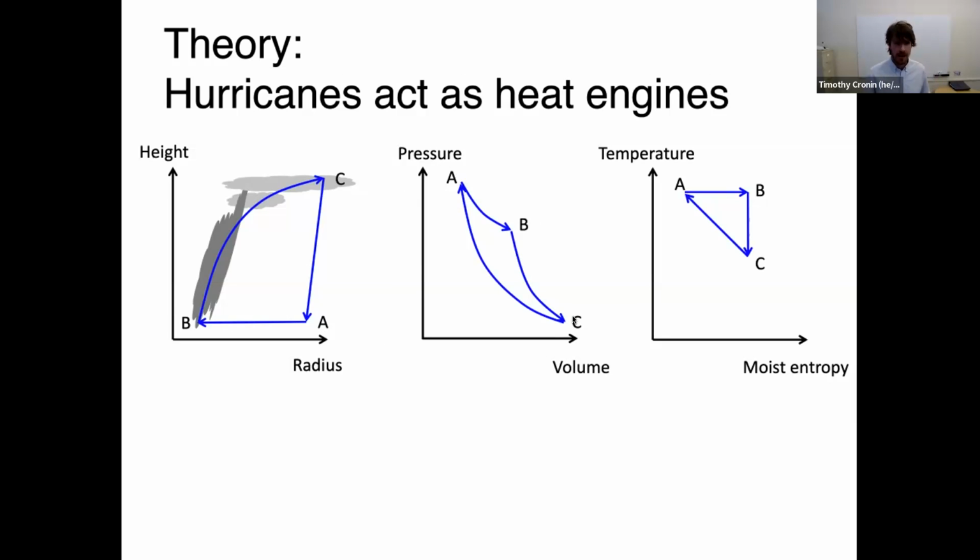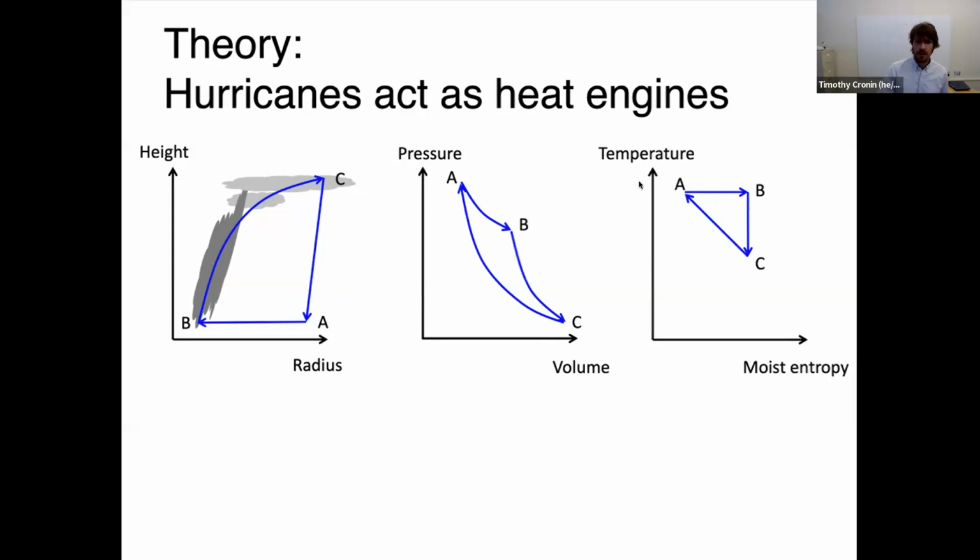And then going back from point C to point A, increasing the density, decreasing the volume, and having a combination of radiative heat loss and subsidence.